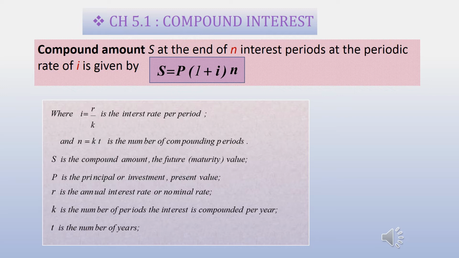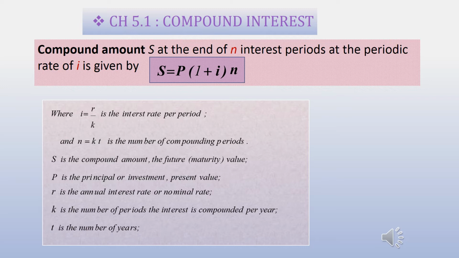So here is the definition of the variables. I is equal to R over K and N is equal to K multiplied by T. You know that R is the annual interest rate or nominal rate per year, so it means the rate per year. K is the number of periods the interest is compounded per year.